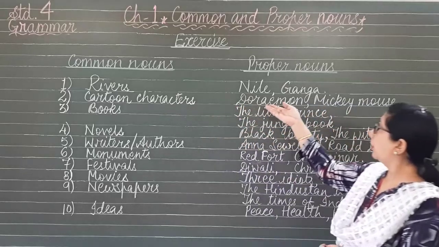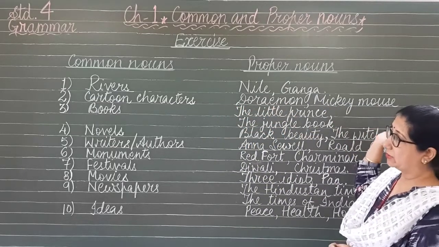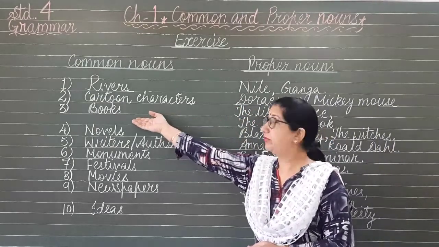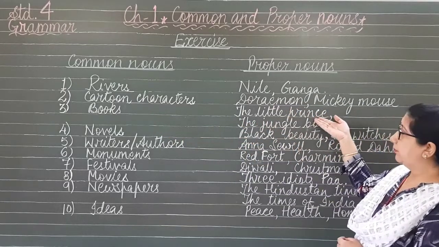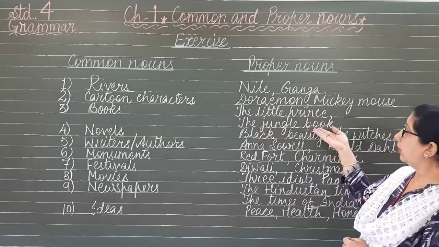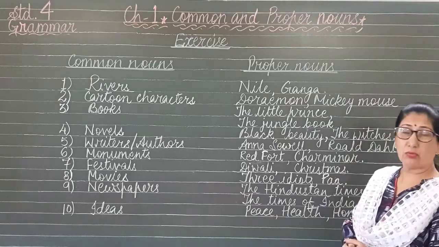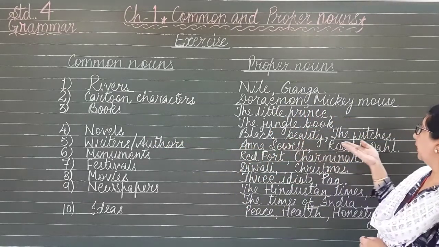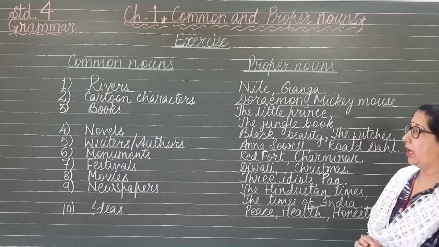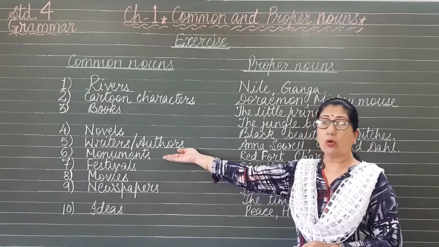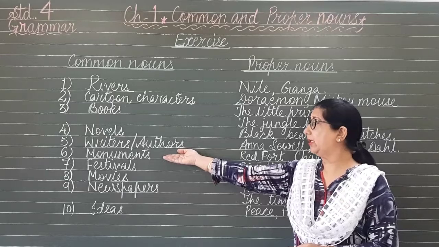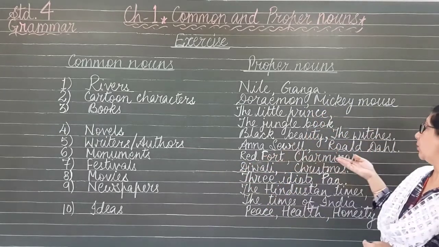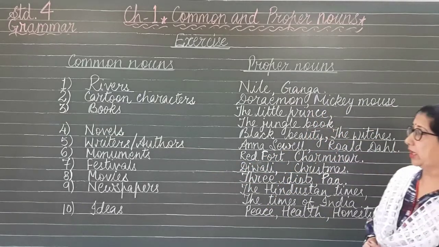Cartoon characters are Doraemon, Mickey Mouse, etc. Names of books, if we see, The Little Prince, The Jungle Book, and many such names you can write. Then names of novels, Black Beauty, The Witches, etc. Names of writers or authors. Proper nouns for writers or authors are Anna Sewell, Roald Dahl, etc.